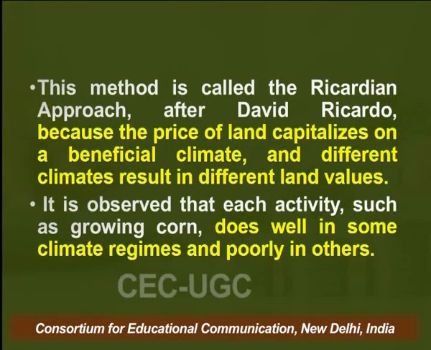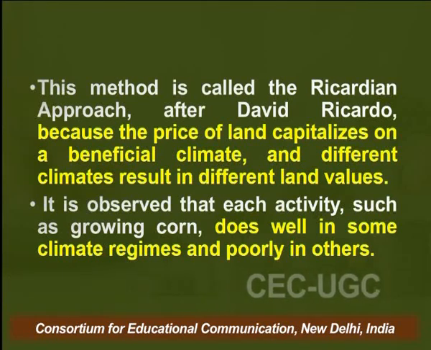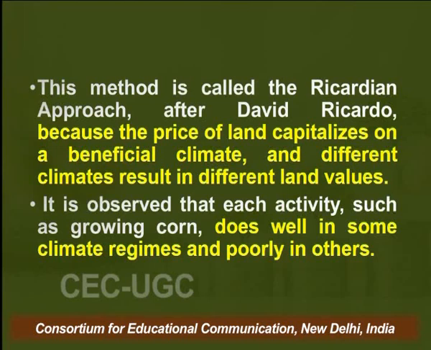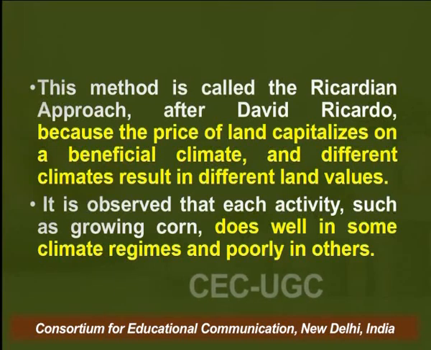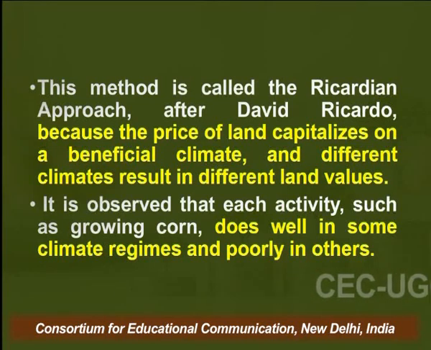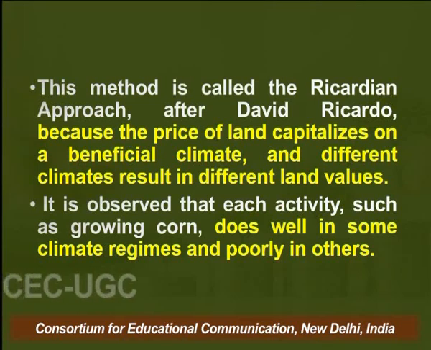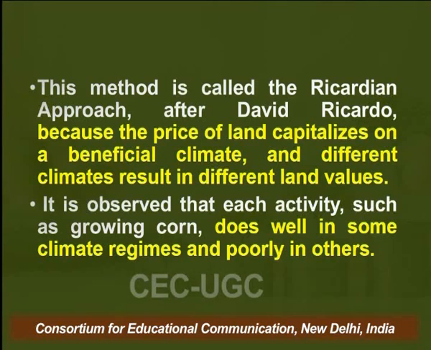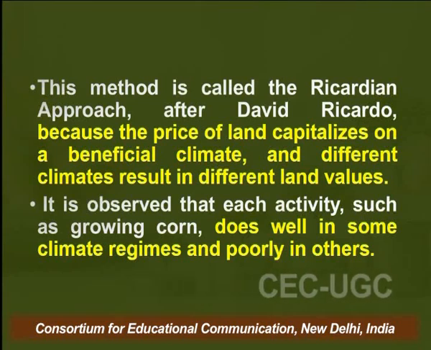It is observed that each activity, such as growing corn, does well in some climate regimes and very poorly in other climatic conditions. So one should also take care about the type of crop that can be grown under different climatic conditions across regions.